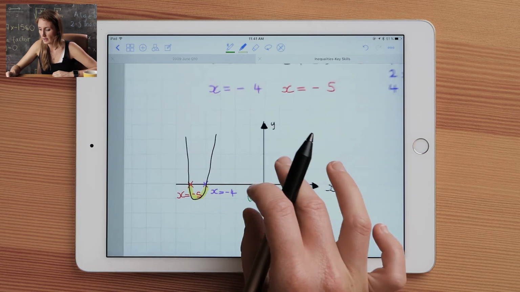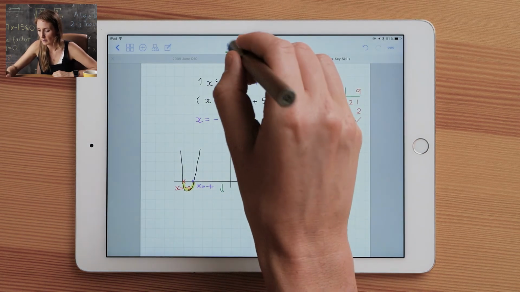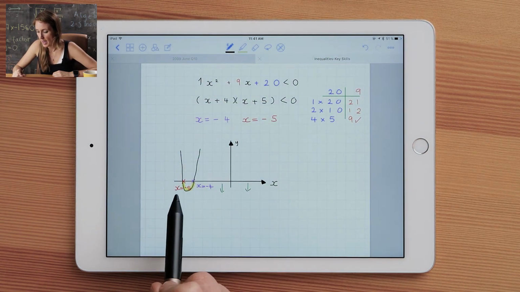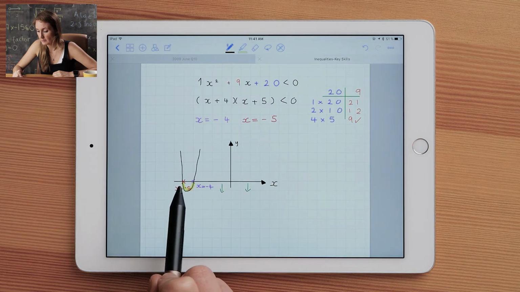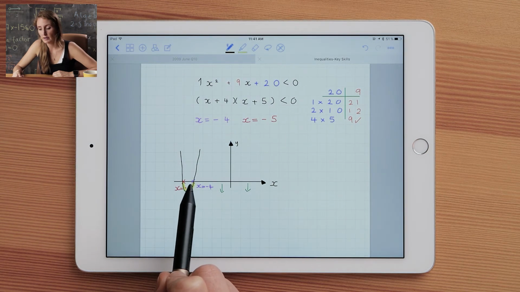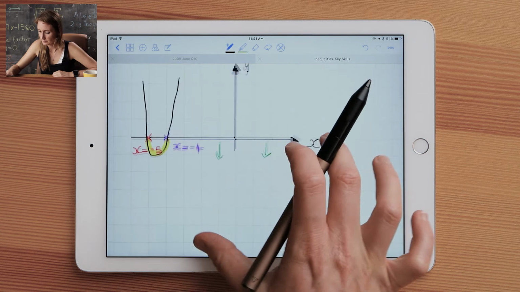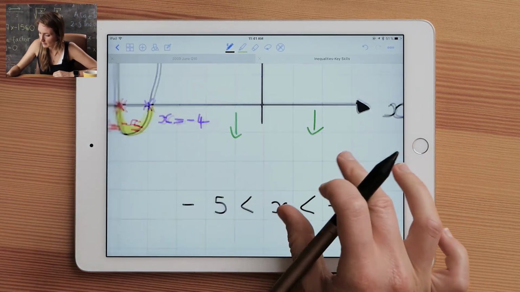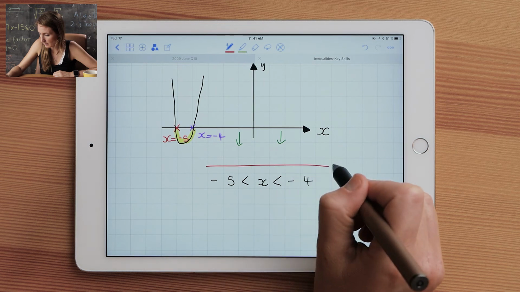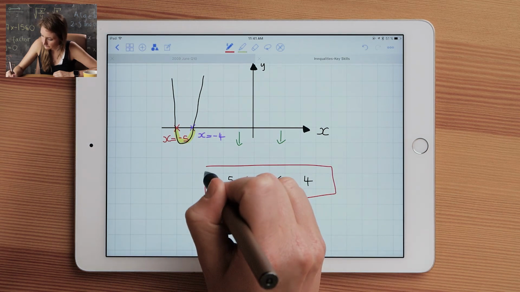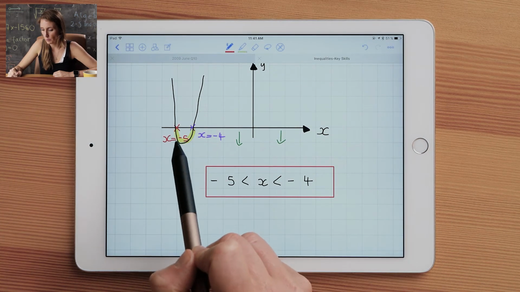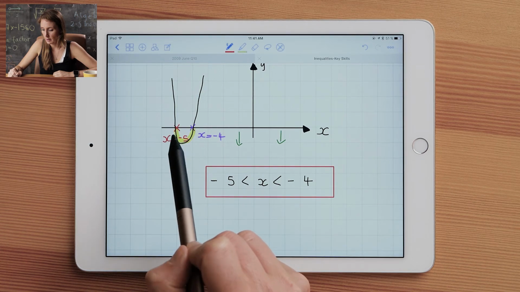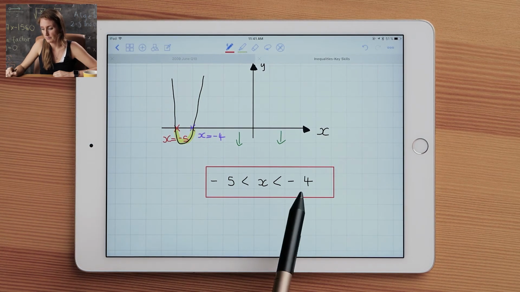So my final answer is going to be x is between -5 and -4. As I've only shaded one section here, I've only got one answer.